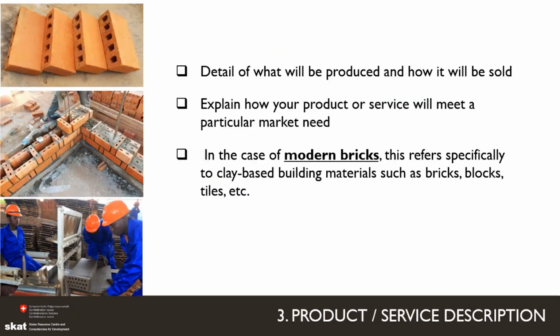For the product or service you want to launch on the market, it is a detail of what you will produce and how it will be sold. You have to explain what product or service you will put on the market. In our case, for modern brick, this refers specifically to clay-based building materials such as bricks, blocks, or tiles.